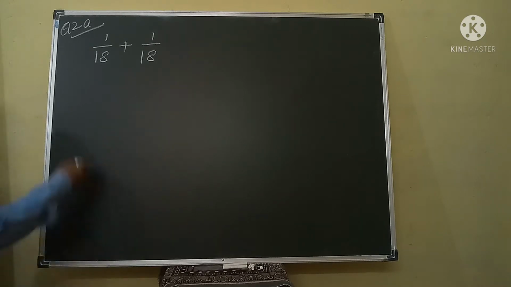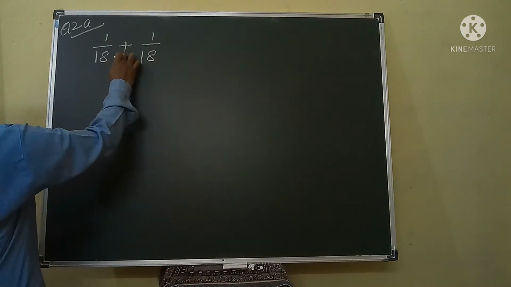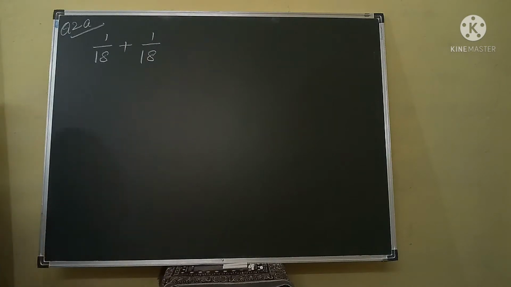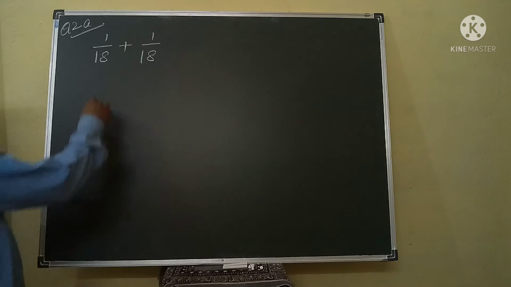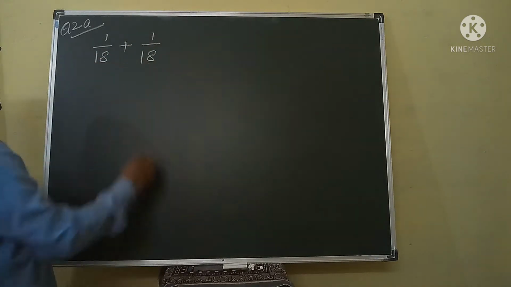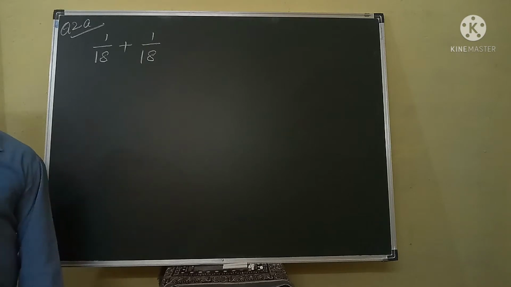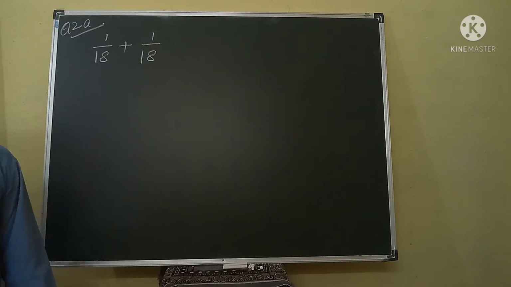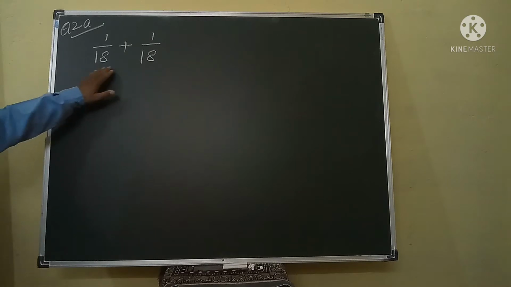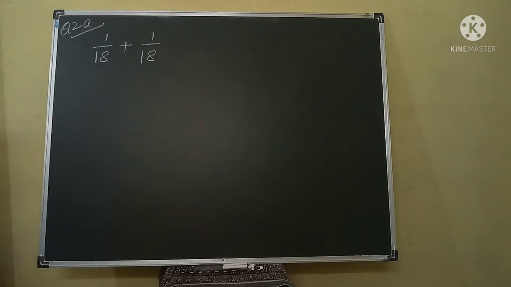As you are looking, in these two fractions the denominators are equal. That is 18. That means these two fractions are like fractions, that's why the denominators are the same.